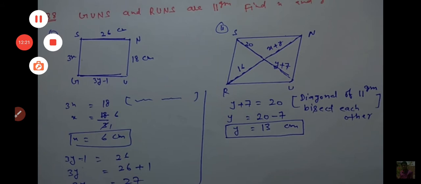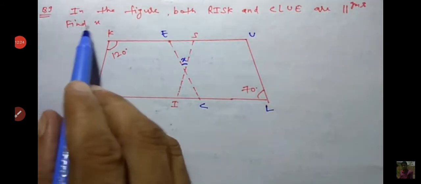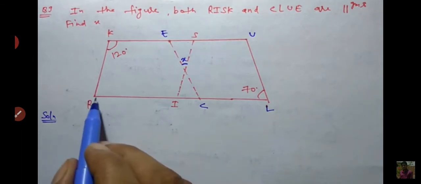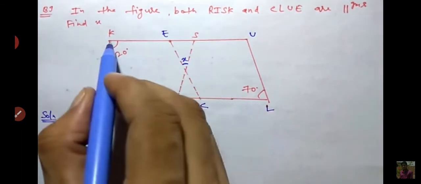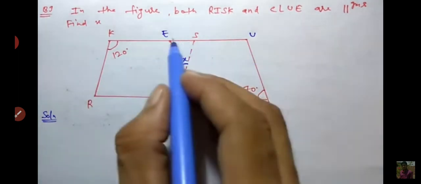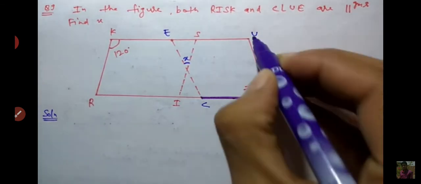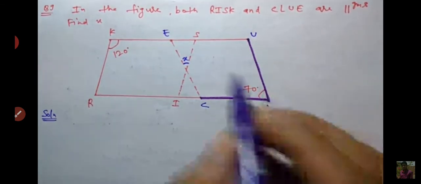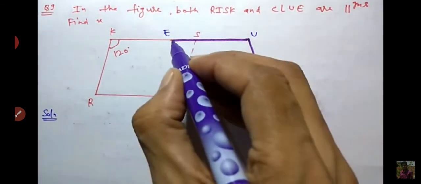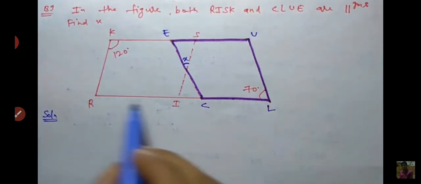Now question number 9. In the figure, both RISK and CLUE are parallelograms. Find the value of x. See, two parallelograms are here. Given is 120 and 70. So one parallelogram is this, and another one is this.